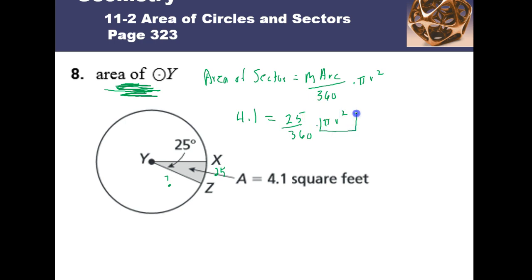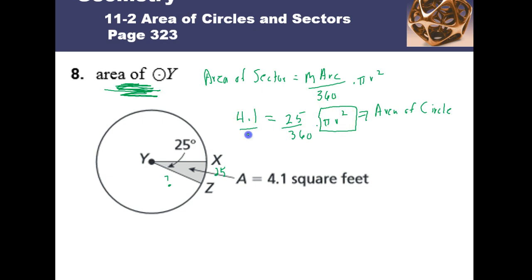Well, pi r squared is actually the area. That's what we're looking for. This is the area of the circle. So we don't really need to find r. We just have to get pi r squared by itself, right?